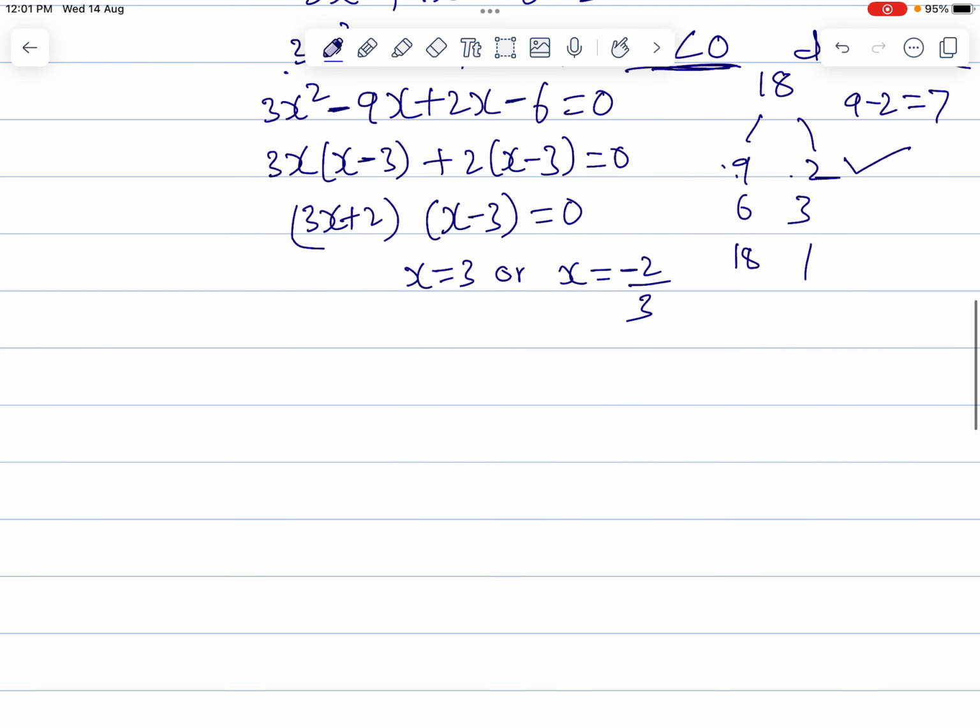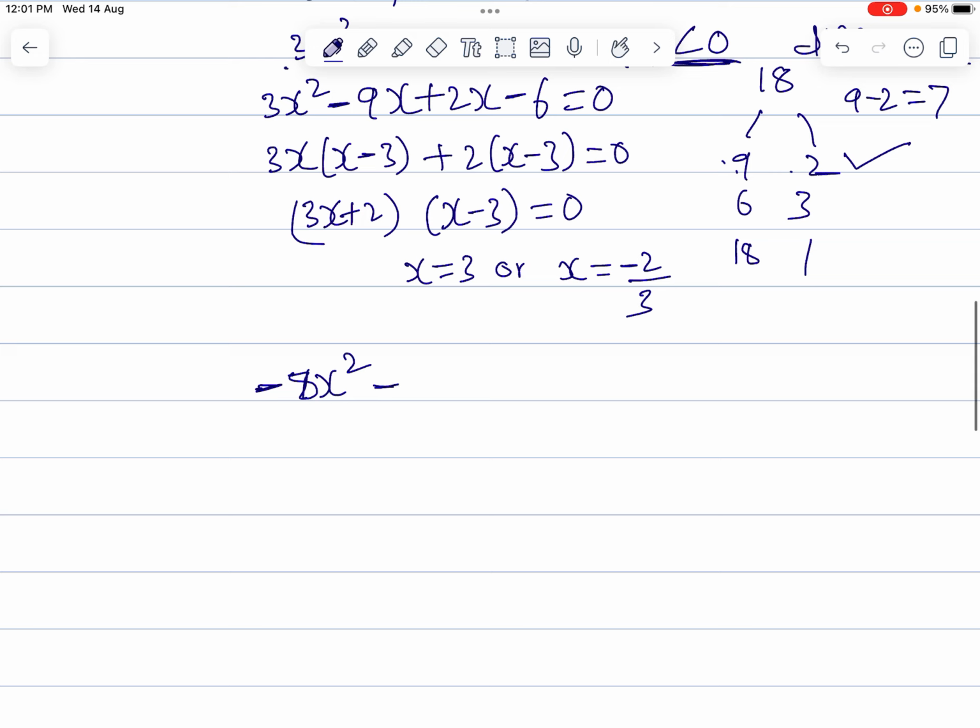So one last problem, we'll take minus 8x square plus 8x minus 2 equal to 0.